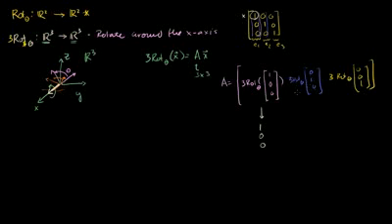Now, these are a little bit more interesting. To do these, let me just draw my z-y axis. So that's my z-axis, and this is my y-axis right here. Now, this basis vector just goes in the y direction by 1. So this basis vector just looks like that, and it has a length of 1.